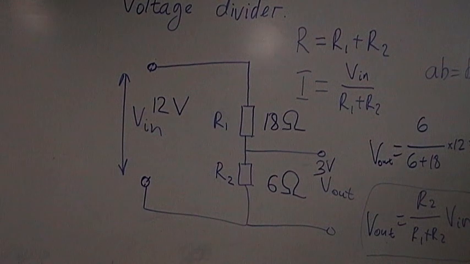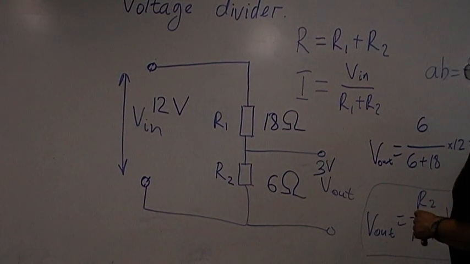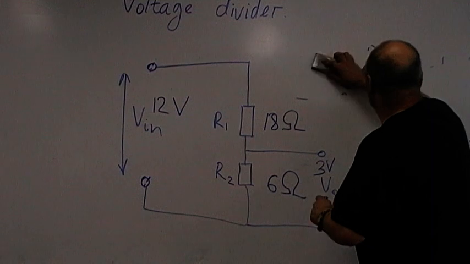Now, we can do the same thing without using this formula, using ratios. Voltage is divided in the same ratio as resistances. So what is the ratio of the resistances?